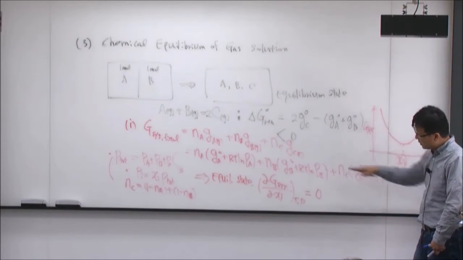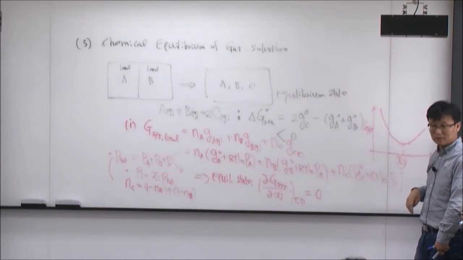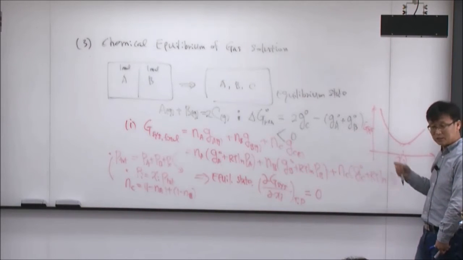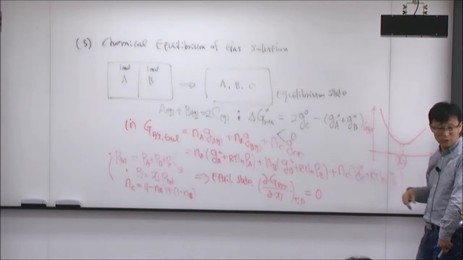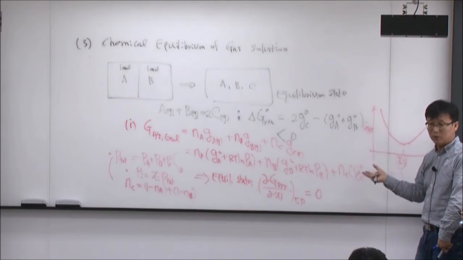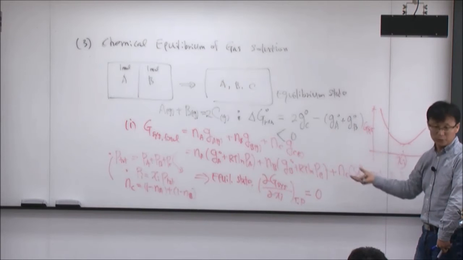If I know that, that would be the minimum Gibbs energy condition. If I know XA, XB and XC can also be calculated automatically. Okay? So this is typically what we use in numerical software.